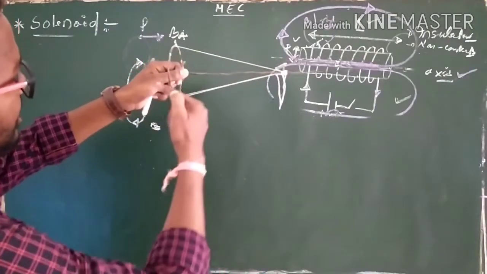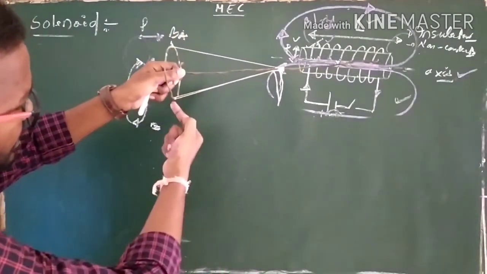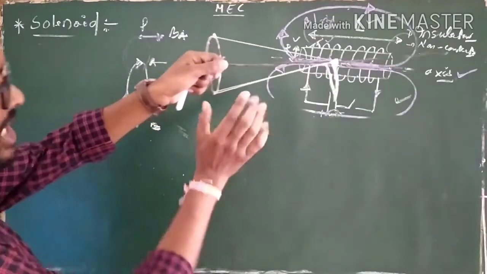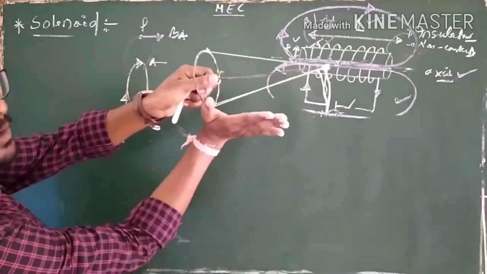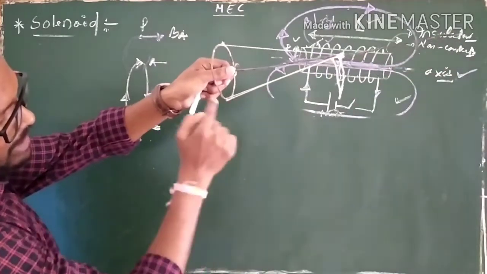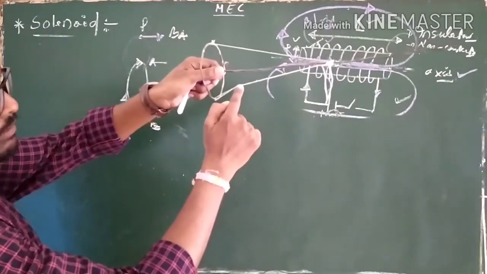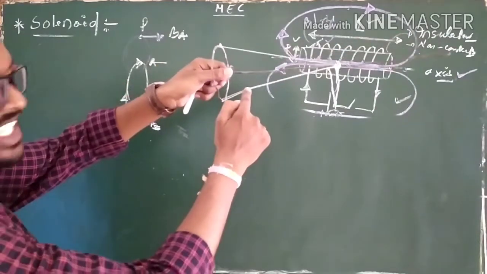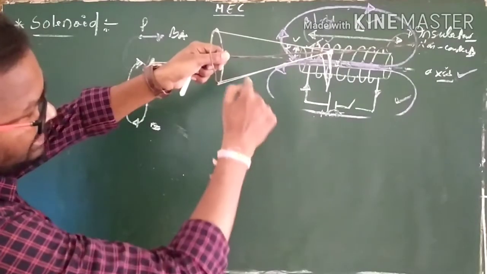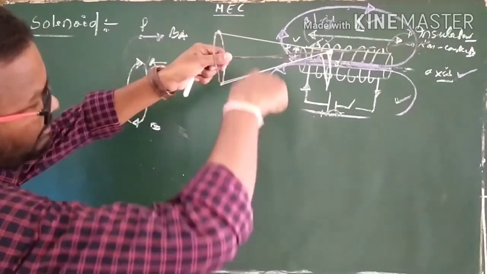Now second point, this is point B. Here this is the direction of flow of current. If you use the right hand thumb rule, then this is the direction of magnetic lines, because all the magnetic lines are concentric circles.